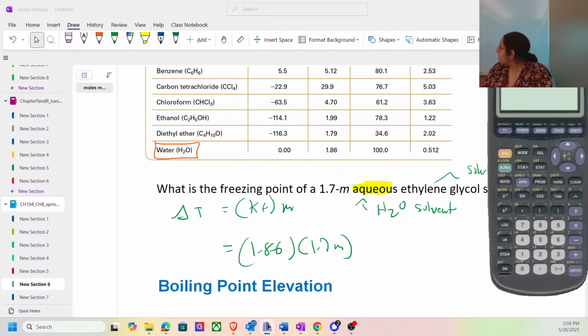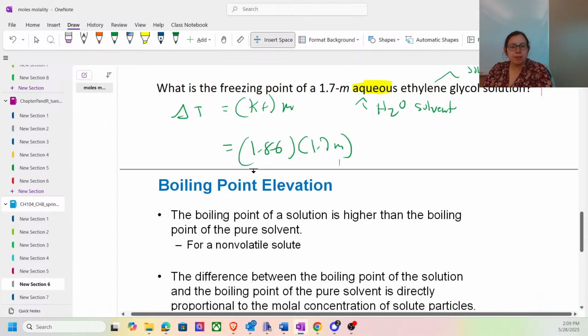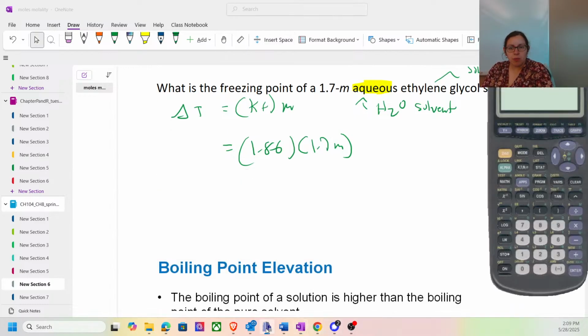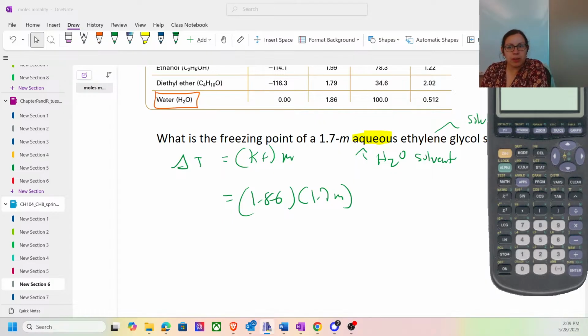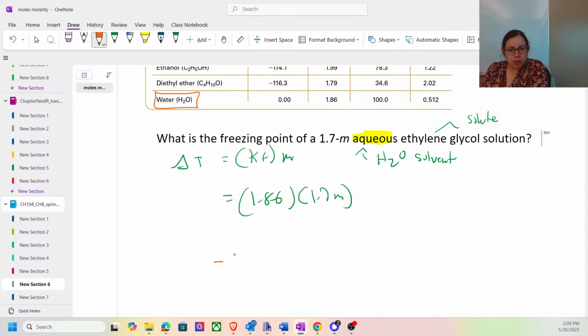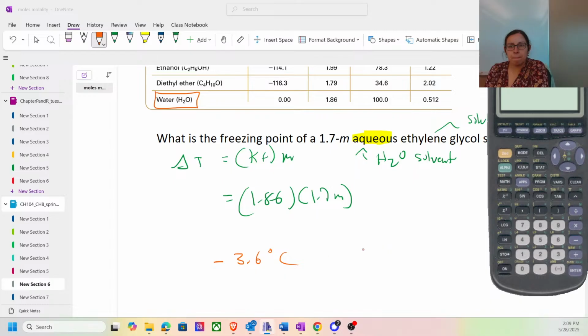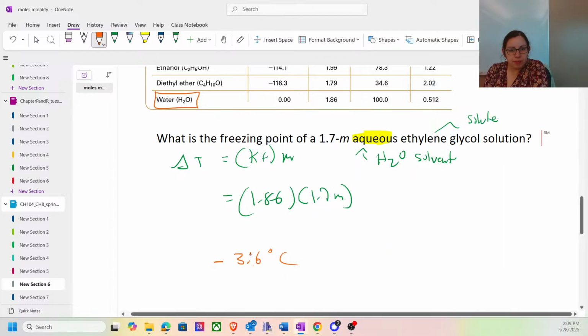So we should have a change in temperature of about 3.16 degrees. Then we subtract that from our normal freezing point, so negative 3.16 degrees Celsius. Oh, 1.6, sorry.